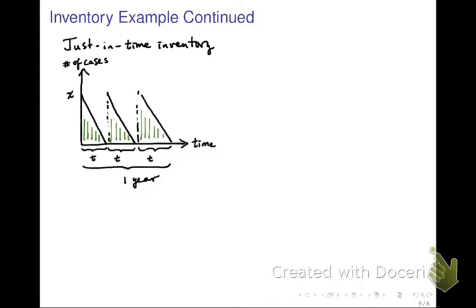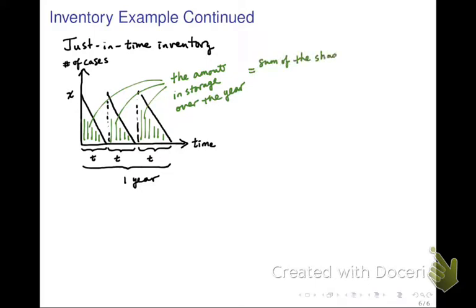So then the question is, how do you actually calculate the area of these shaded regions? Well, that's simply the area of the triangles. So the sum of these shaded areas would be 1/2 times base times height. And the base is some period t, and the height is x. And that's the same for all these triangles. I only drew 3 because that's convenient for me to do. It could be as many as needed, but the idea is the same.